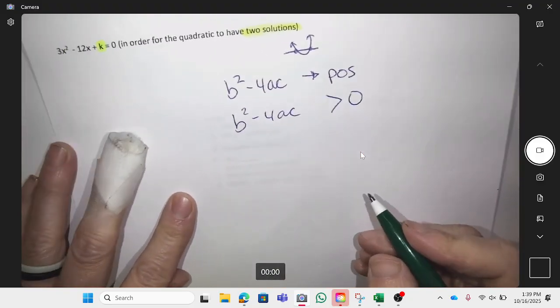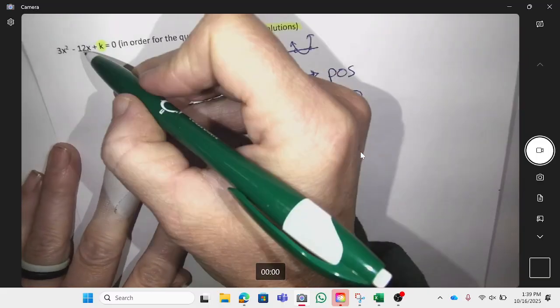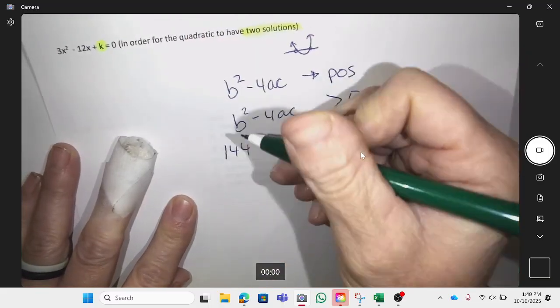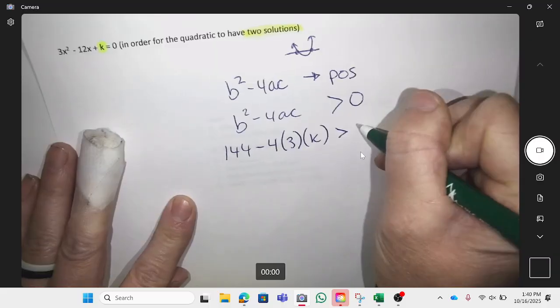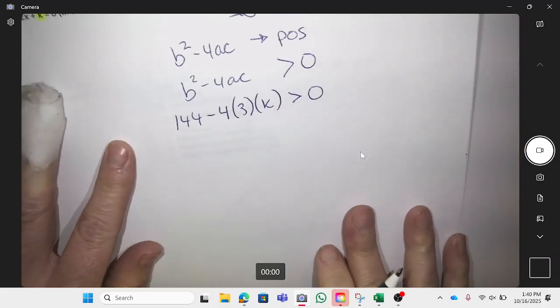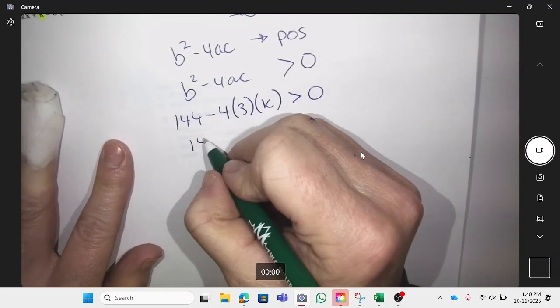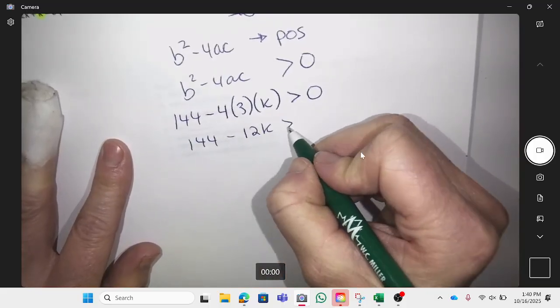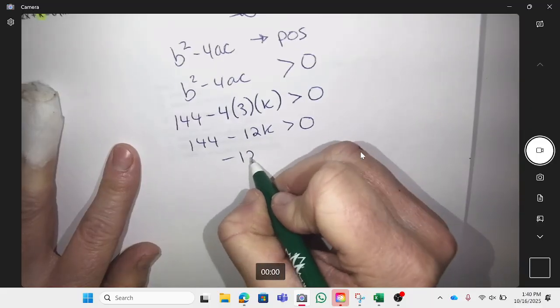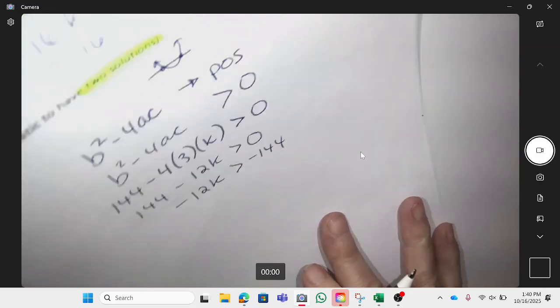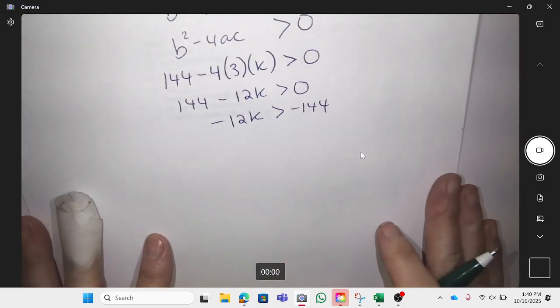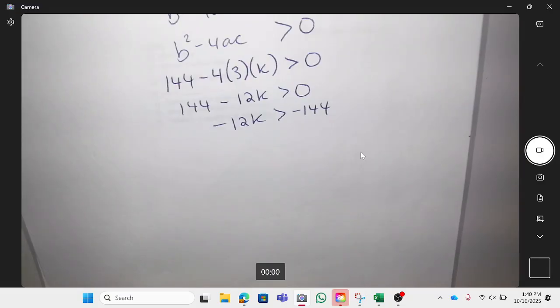So go ahead. B squared is 144 on that. Subtract 4 bracket 3 bracket K. And now I need you to pause because I have to show you something that I am learning nobody remembers from their grade 9 math.